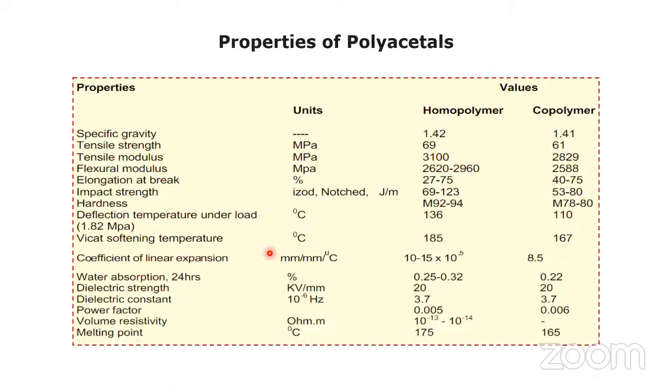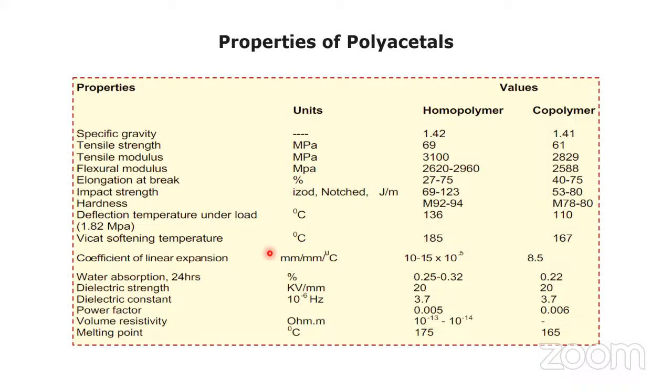Okay, if you see the mechanical property wise, you can observe here some numbers in the case of the mechanical properties of your polyacetals. That is nothing but specific gravity, tensile strength, or whatever the other mechanical properties are there.